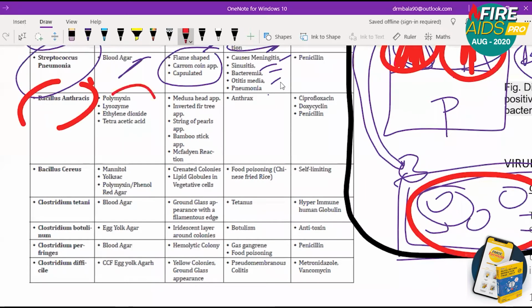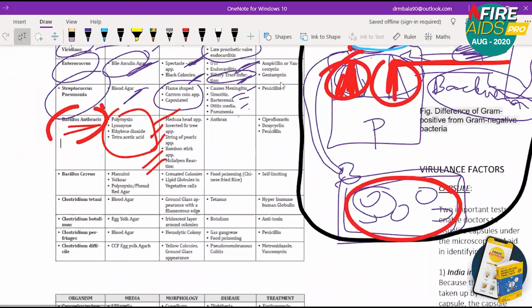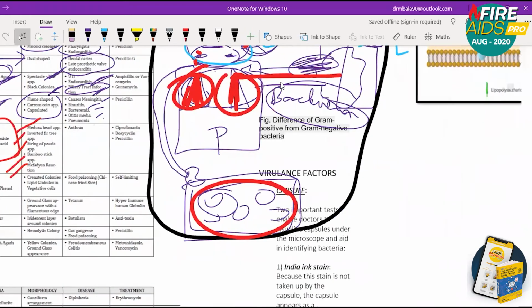These are the different culture media that are used. And then it has a medusa head appearance, inverted fir tree appearance, string of pearls appearance, bamboo stick appearance, and McFadyean reaction. So Bacillus anthracis basically causes anthrax. I want you to remember this with an image again.